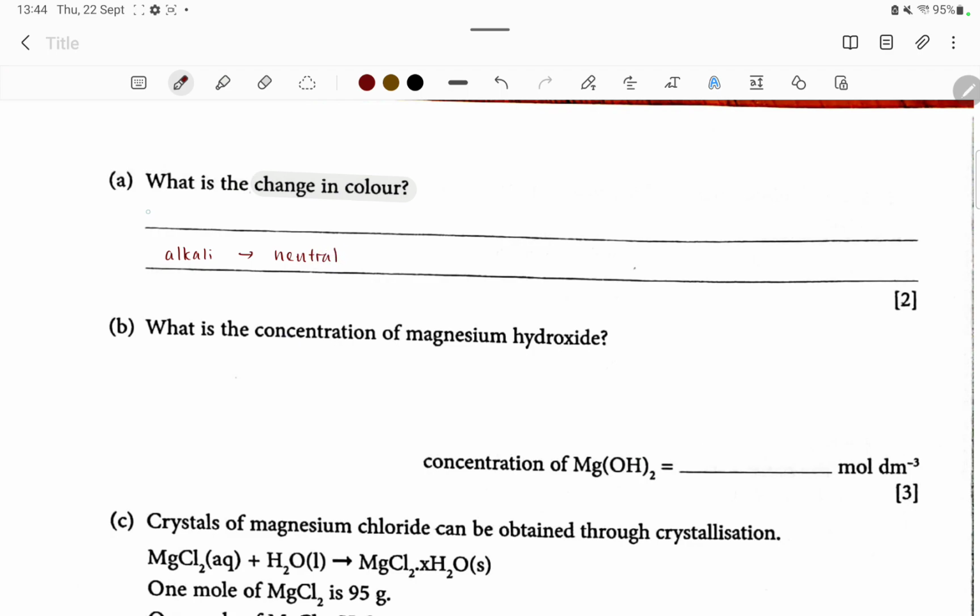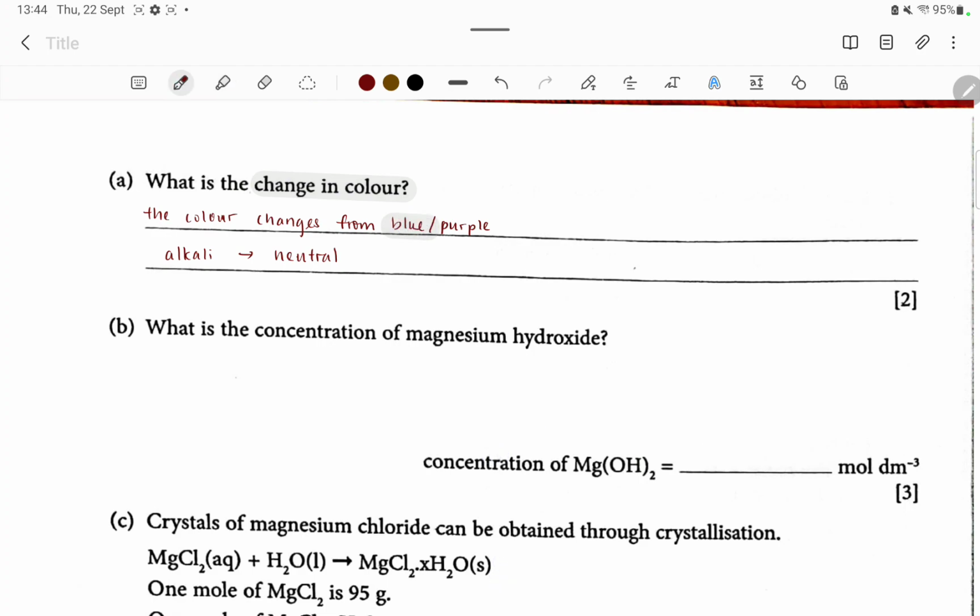So it's the color changes from, you can say blue or you can say purple. I prefer you to say purple. Actually blue also can, if you want to remember it easier, because it's more or less like litmus paper.